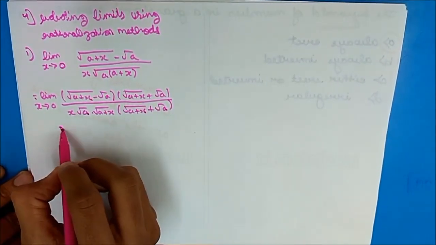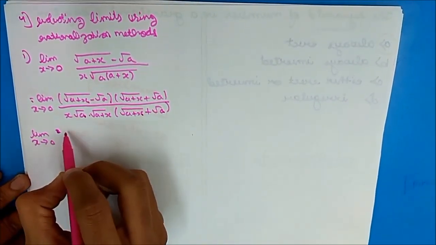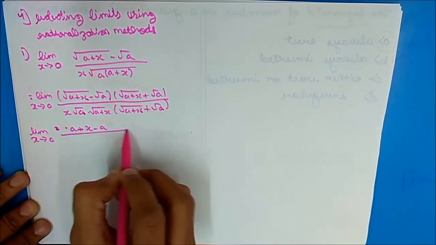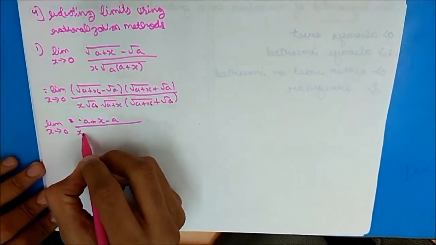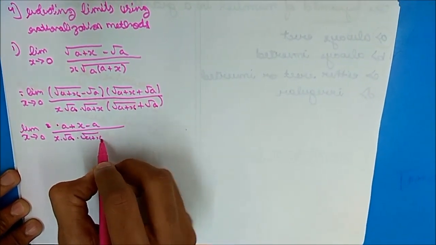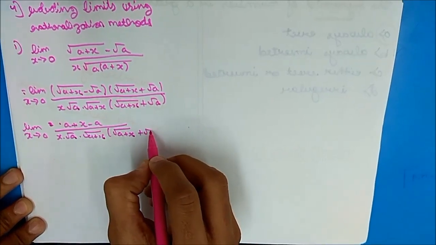We have limit x tends to 0, (a + x − a) upon x into root a into root of (a + x) times (root of (a + x) + root a).